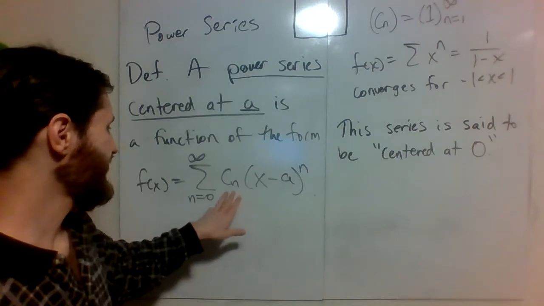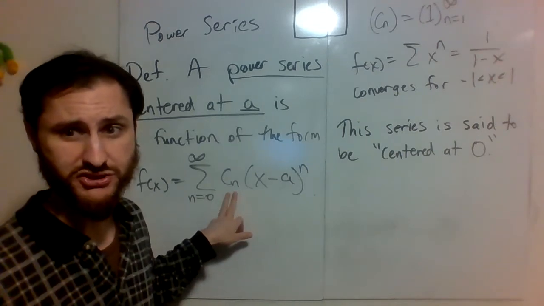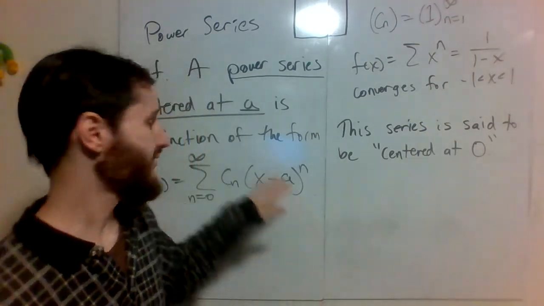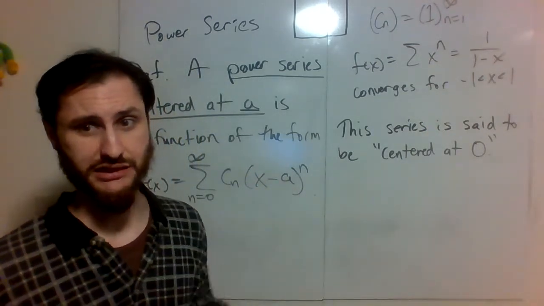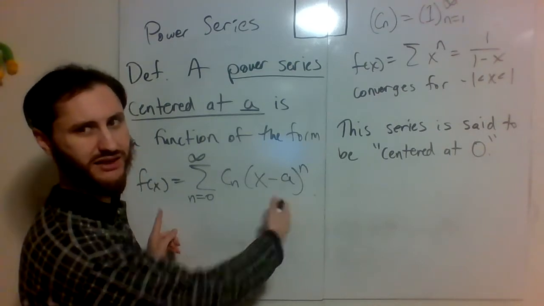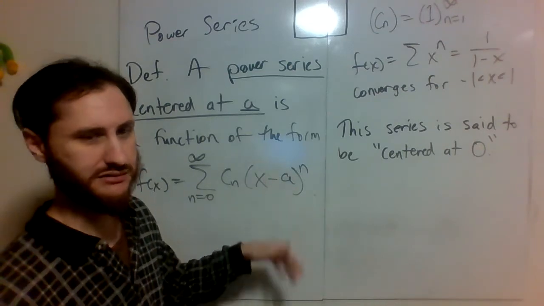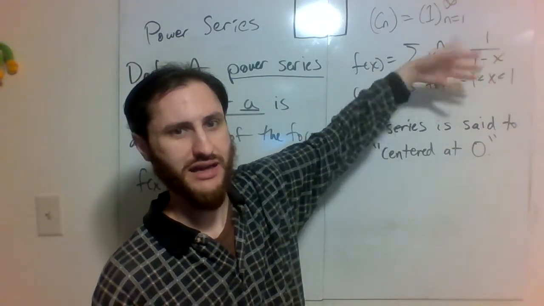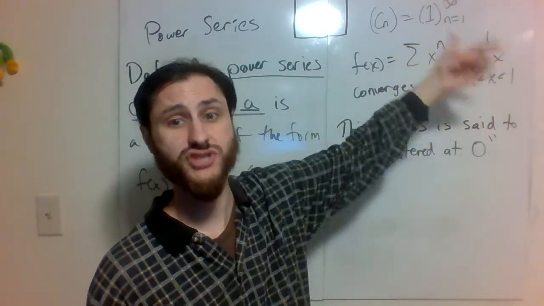You still have a sequence of coefficients. It's just that instead of x to the n at each entry, you have x minus a to the n. Because notice, if you take this series and plug in x equals a, you get the same thing as you would for this series with plugging in 0 for x.